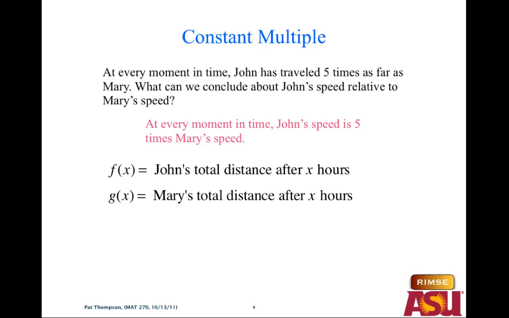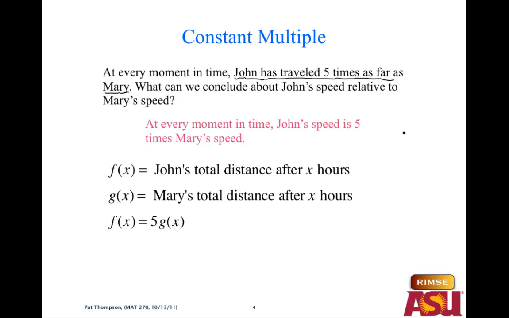Where is Jasmine? So John has traveled 5 times as far as Mary. What's the relationship between f and g? You got a good start there? f of x is? Yeah, 5g, right?